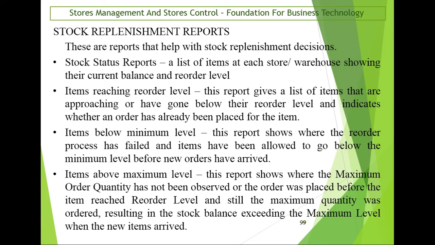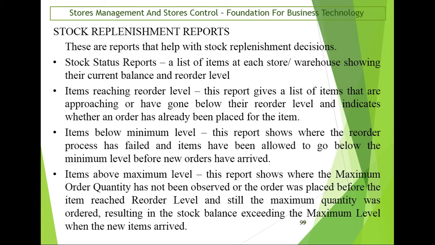We also can generate a report of items that have gone above the maximum level. In this case, we are showing items where the maximum order quantity has not been observed, or the order was placed before the items reached reorder level and still the maximum quantity was ordered, resulting in the stock balance exceeding the maximum level when the new items arrived.